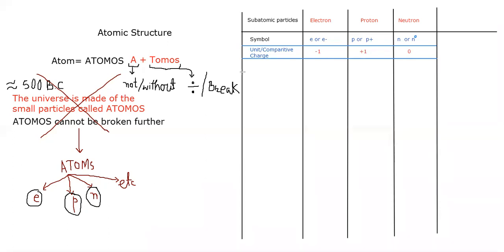Another thing that you need to understand here is their comparative mass, also called unit or comparative mass. Why? Because we are just comparing electron, proton and neutron to one another.